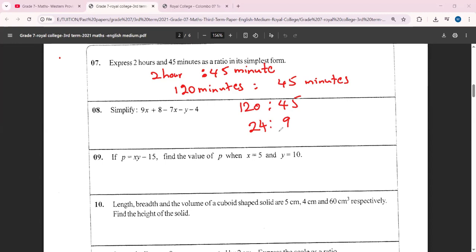Then we can again divide 24 and 9 by 3. 24 divided by 3 is 8, and 9 divided by 3 is 3. So the simplest form is 8 to 3. The main thing you have to remember here is that if you form a ratio with two or more quantities, all the quantities should be in the same unit.